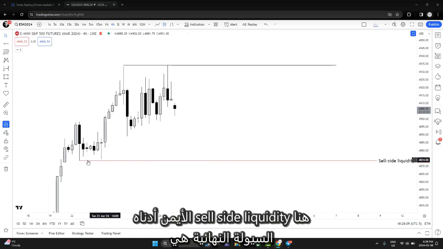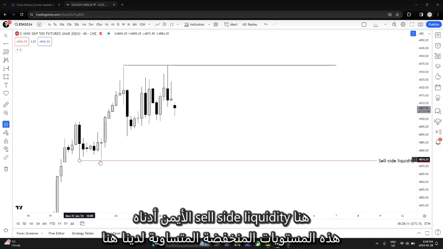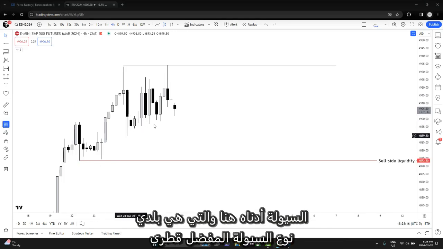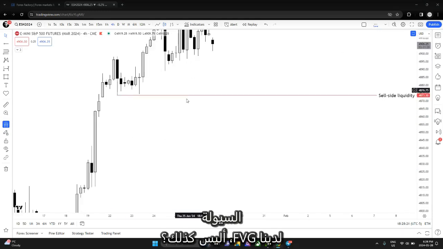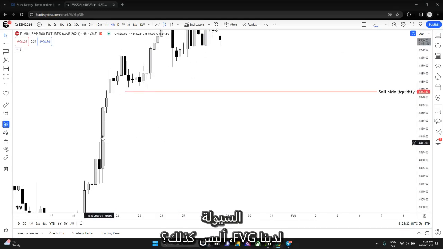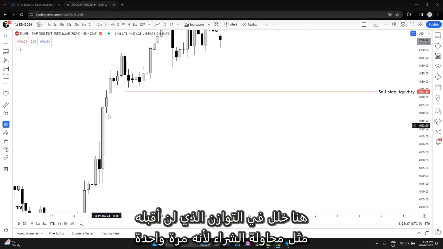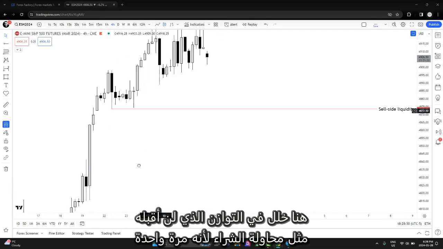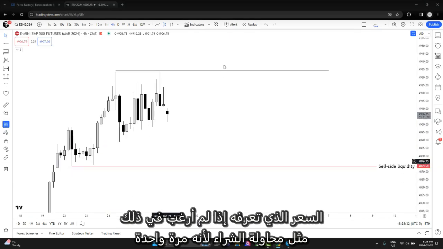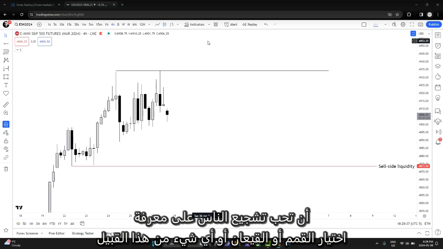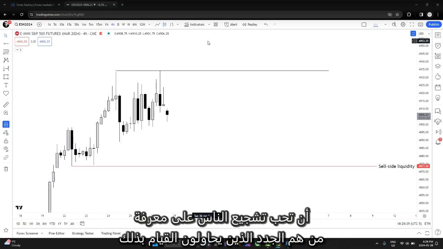Sell side liquidity below these equal lows right here. We have liquidity below here, which is my favorite type of liquidity, diagonal liquidity. We have a fair value gap right here, an imbalance, which I wouldn't be trying to buy into, because I don't want to be picking tops or bottoms, to encourage people who are new to try and do that themselves.